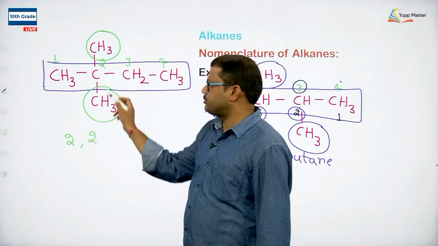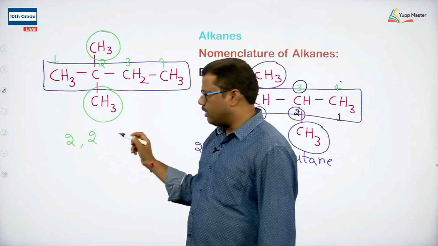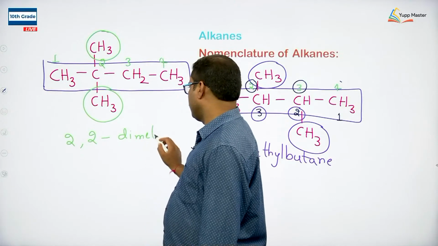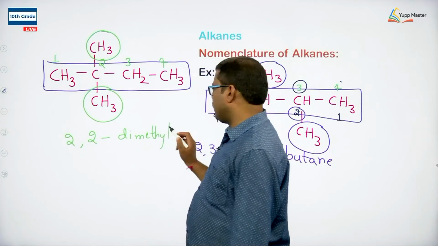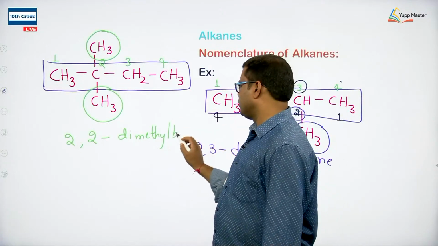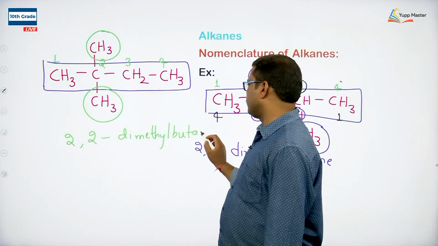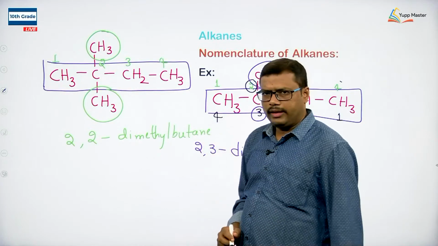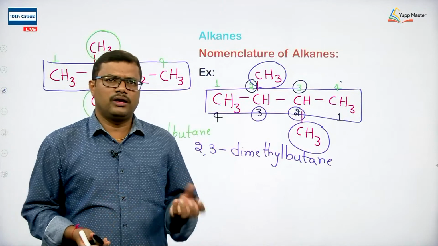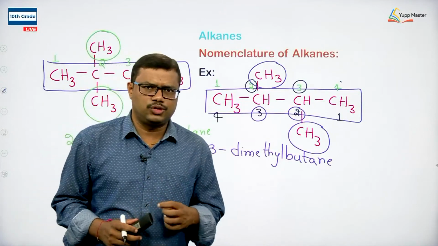So two substituents are present, so I am writing 2, 2 dimethyl, 4 carbon chain, so it is butane. Students, you have to identify the substituent and you have to identify the location of the substituents as well.